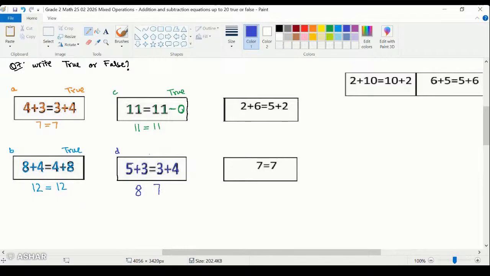Are 7 and 8 equal? Are they equal numbers or they are different numbers? Yes, they are not equal. So we can say that part D has a false statement. Agreed?